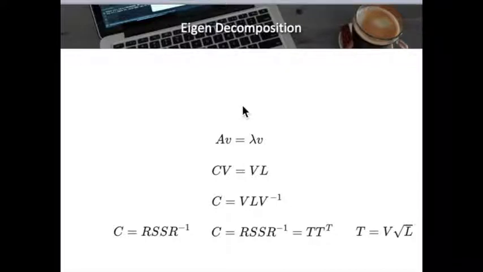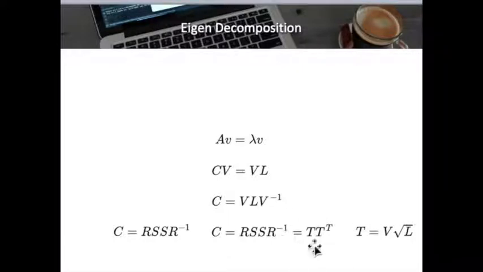So from our previous linear transformation, T equals R multiplied by S, we can see that R times S is equivalent to T, as we've shown earlier, and S times R to the power of minus 1 is T transpose.